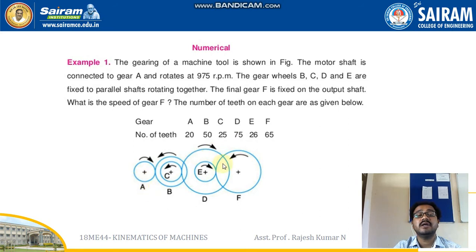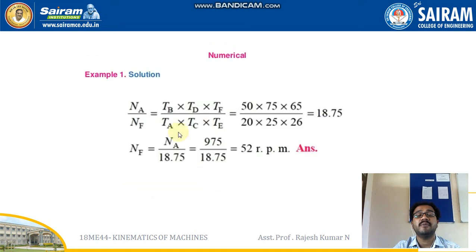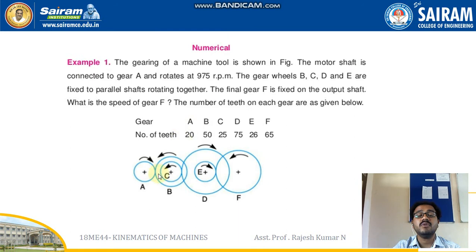So I'll be considering the formula as NA by NF, because this is the first gear and this is the last gear. In the general formula we write N1 by N6, but since the gears are named by alphabets instead of numbers, here I'll be going with the alphabet. So NA by NF is equal to, we know that we need to consider the even numbers and the odd numbers.